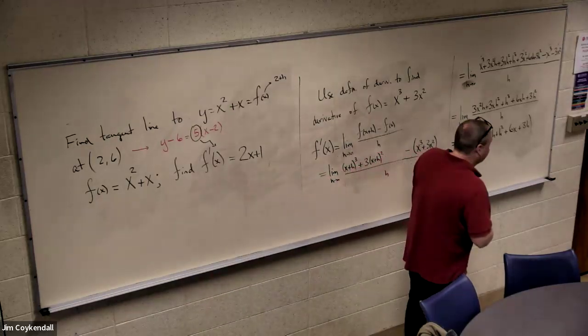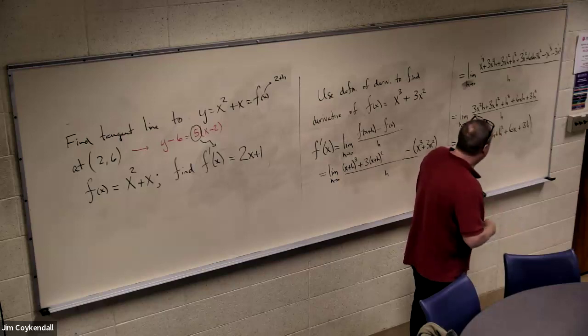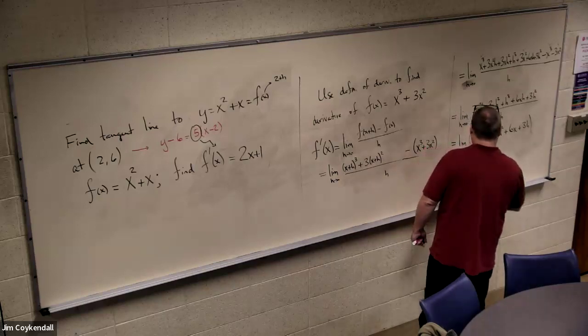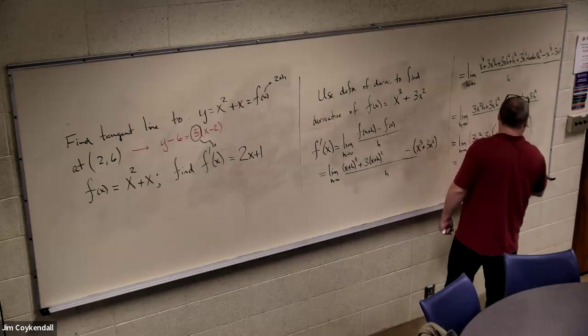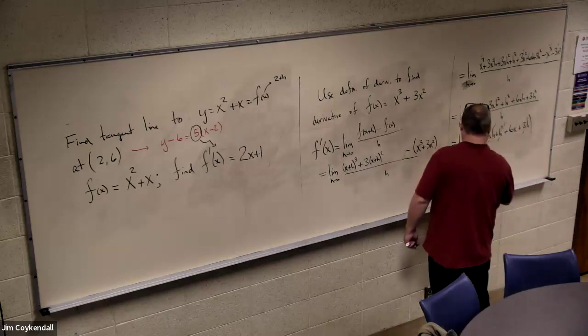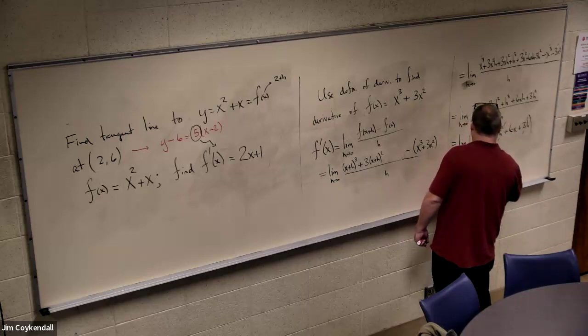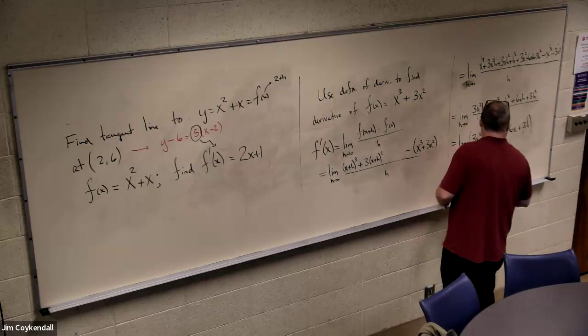Now, notice as h goes to 0, that's going to go away, that's going to go away, that's going to go away, leaving only 3x squared plus 6x.